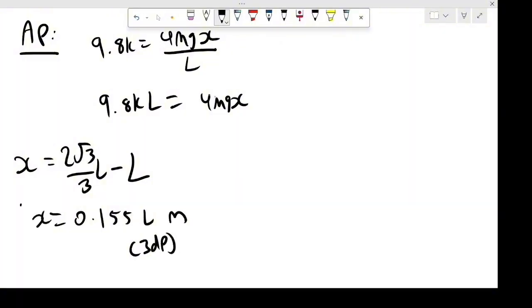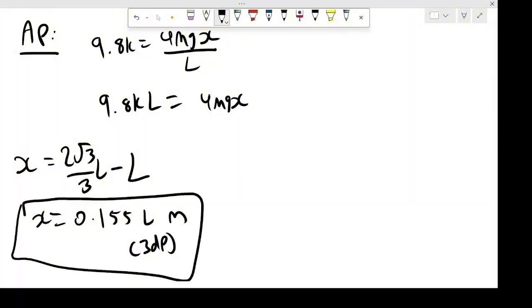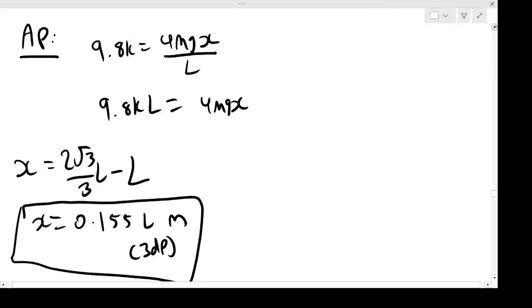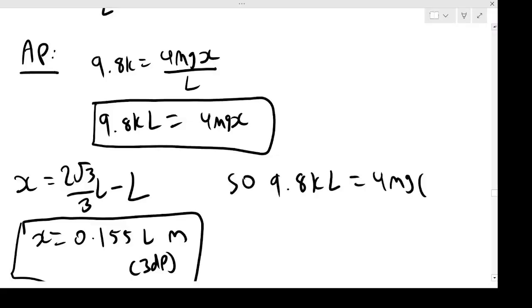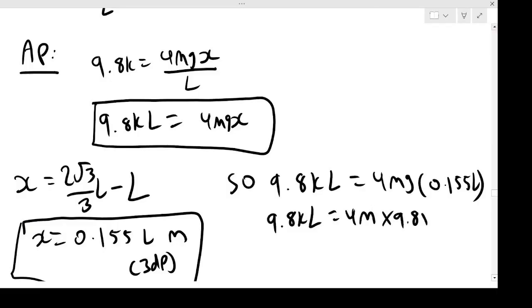Okay, and there we are. So now I could substitute that value of X into here. So that means 9.8k lots of L is going to be 4mg lots of X, which is 0.155L. So that means 9.8kL is going to be 4m times g, which is 9.8, times 0.155L.